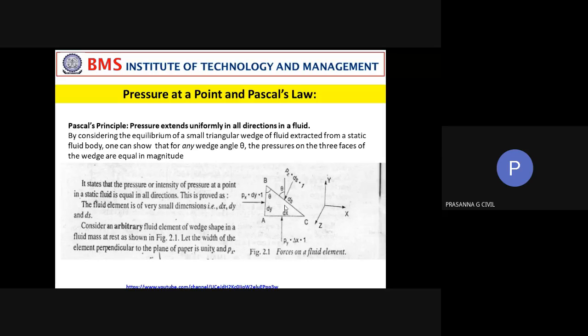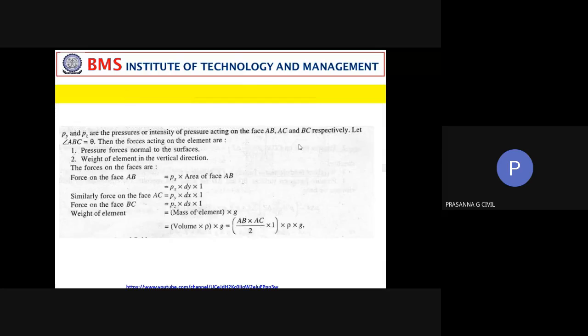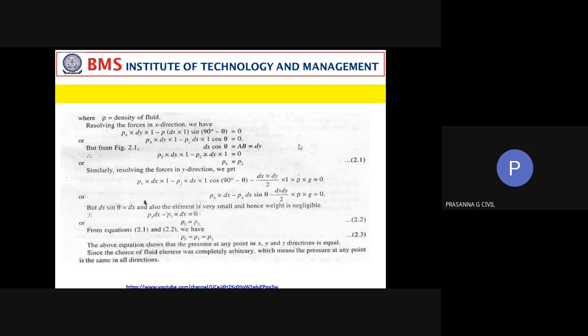This does not have a right side or left side component. But this one, which is acting at an angle theta, will have a left component and a right component. So this force Pz will have cos theta and sin theta. Please keep that in mind.